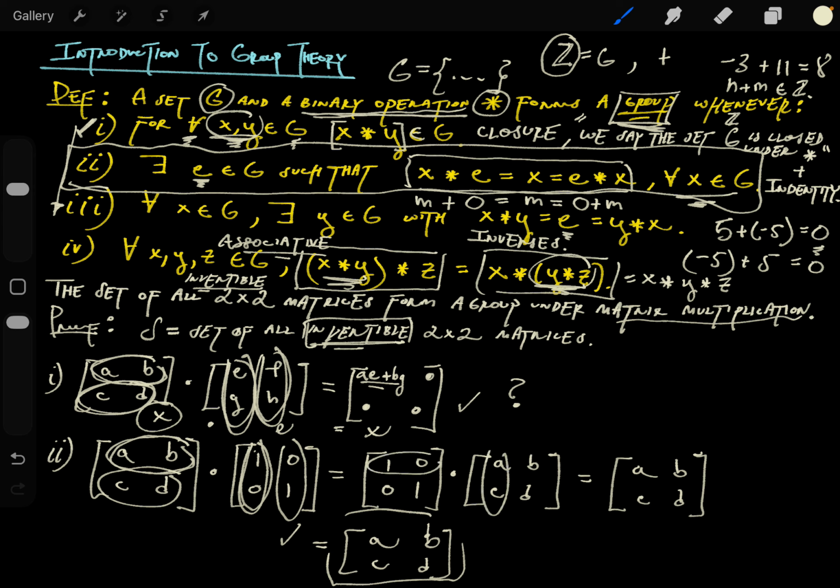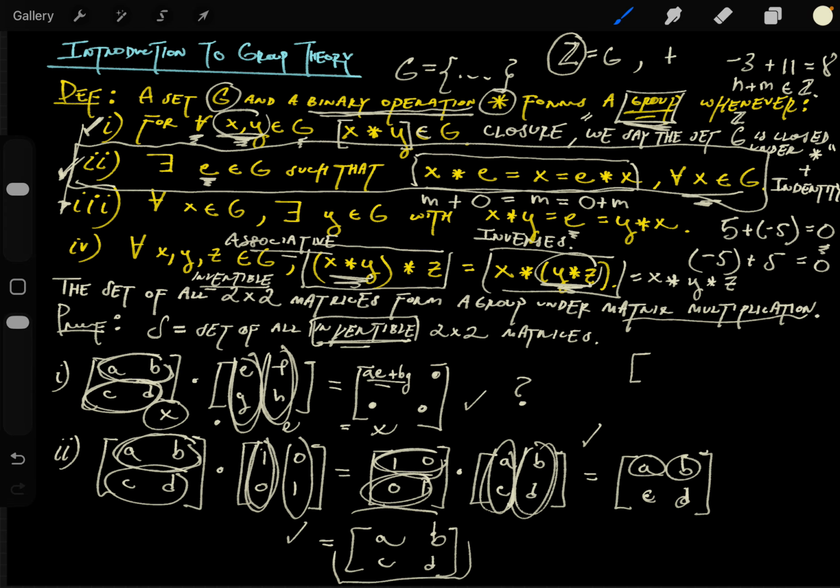This times this is going to give you A, this times this is going to give you the B here, and then this one times this one is going to give you just C, and then this one times this is going to give you just D. And it is indeed the case that there's an identity element, which is this 1, 0, 0, 1. This is identity.